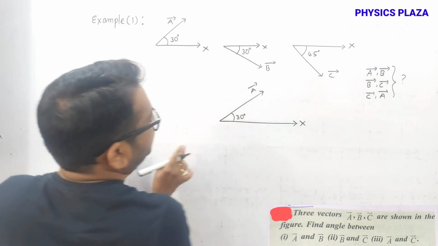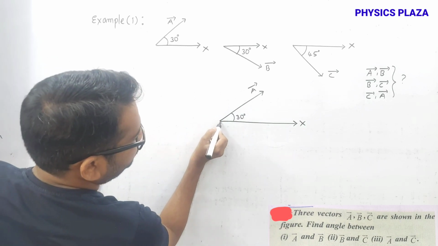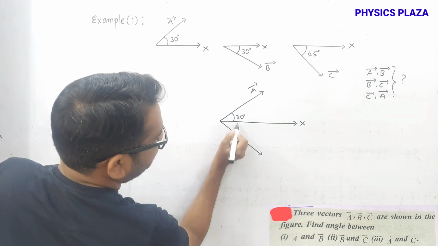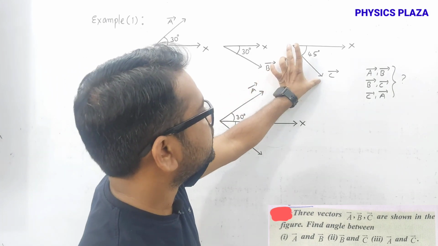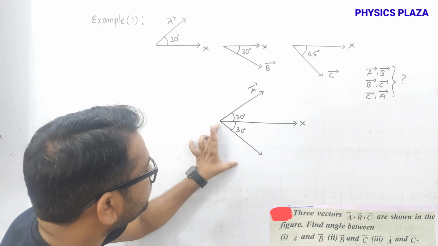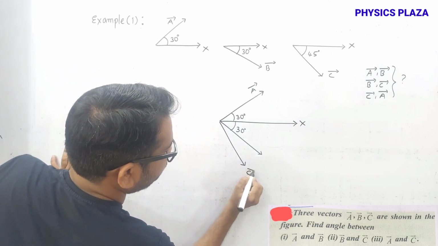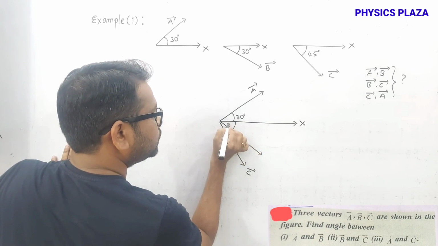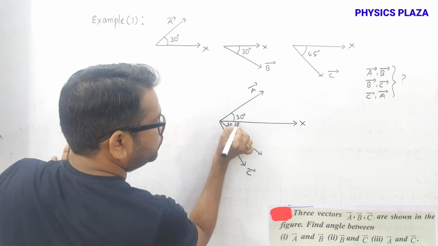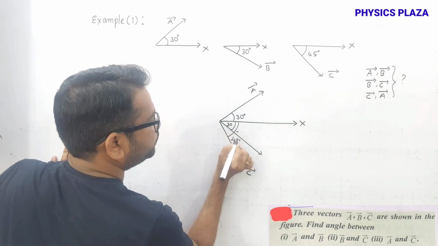Then vector B, just shift it here; vector B also makes 30 degrees, and vector C makes 45 degrees with the x-axis. Try to understand: this is 30, and this will be 45.